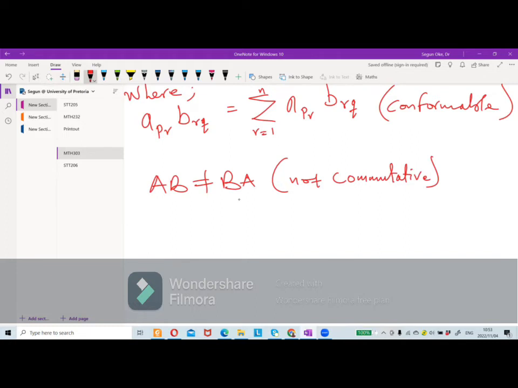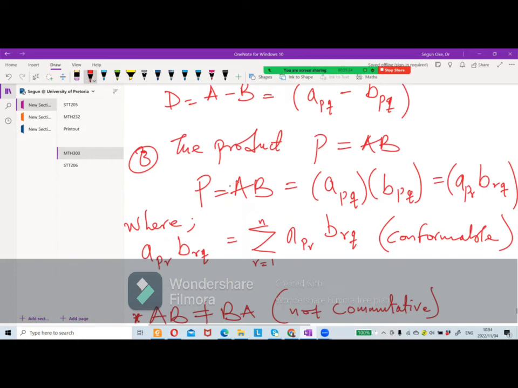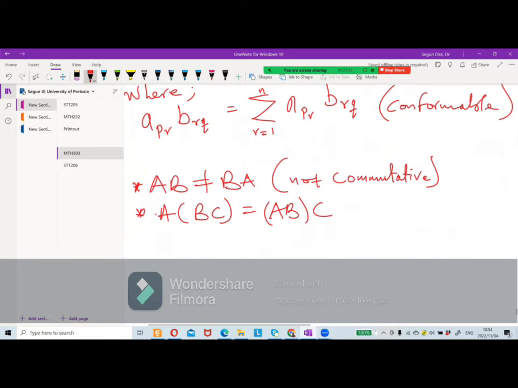However, associativity law for multiplication of matrix holds. That is, A times BC is the same thing as AB times C, provided the matrices are conformable. And you know, for the matrix to be conformable, the number of columns must equal the number of rows, right? Yes, sir. So that is when it's going to happen.